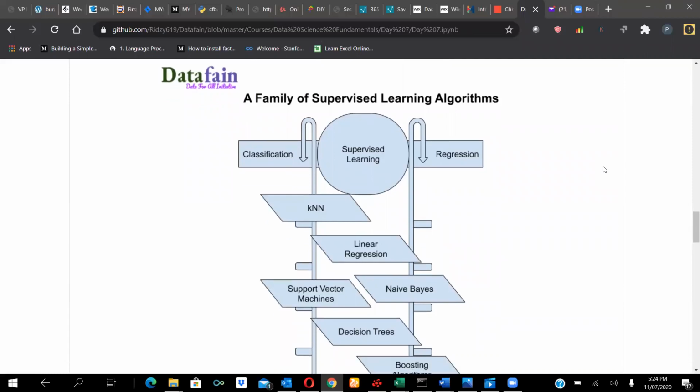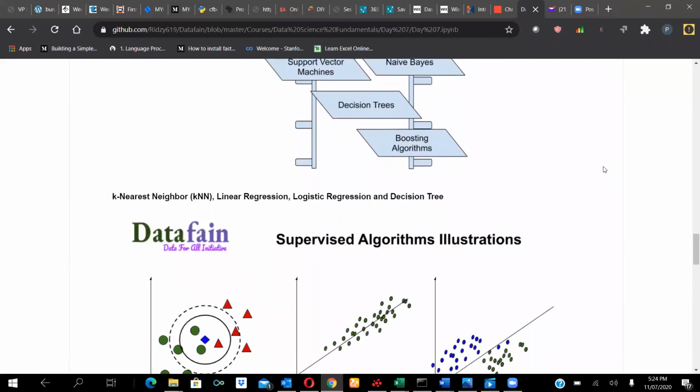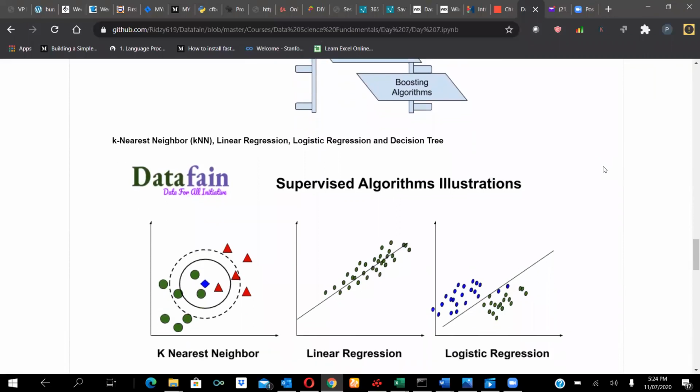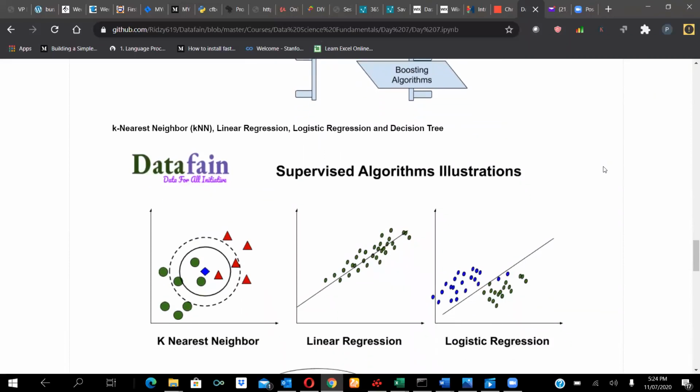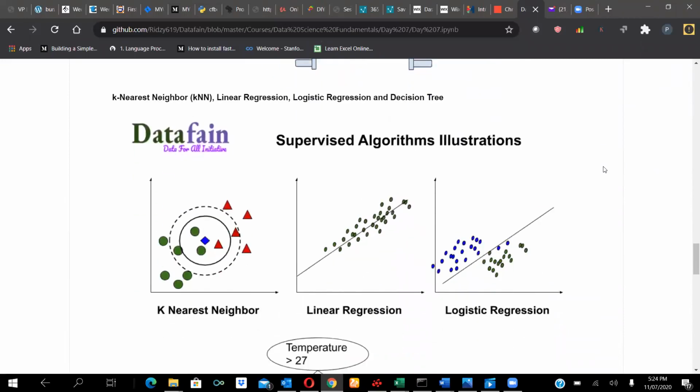Now, the other one here is KNN, that is, K nearest neighbor. I usually consider it another example of classification, because what it means is you're going to be relating items based on their nearestness, how near a particular item is to another.